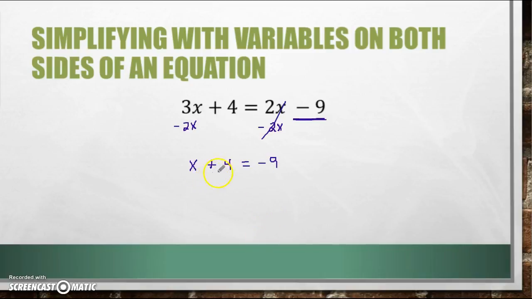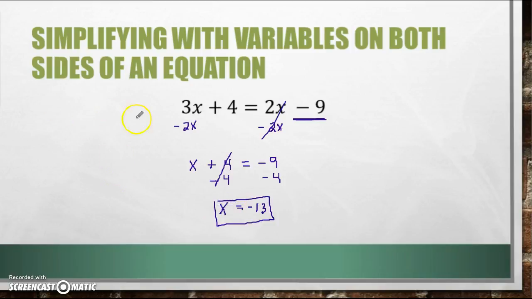And then to finish solving, there's one step here, the opposite of adding 4, or the inverse operation. I would subtract 4 on each side. These two cancel off. I'm left with just x. So x equals a negative 9 minus 4. x equals a negative 13.